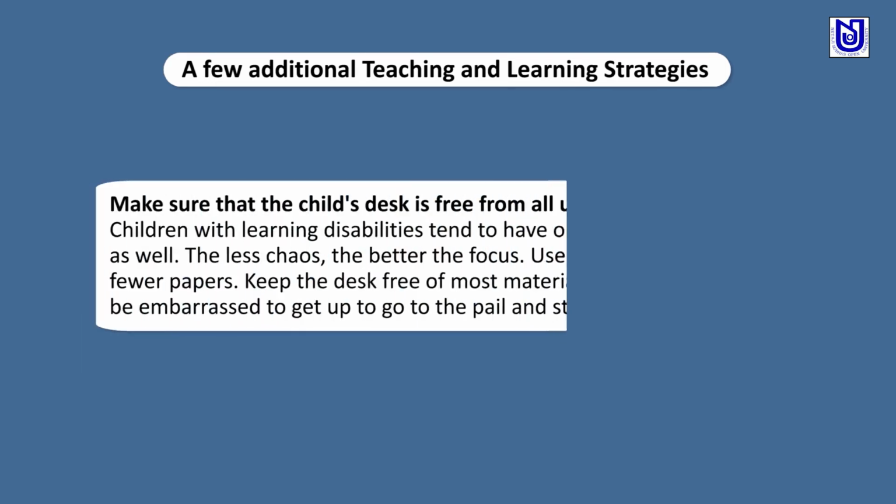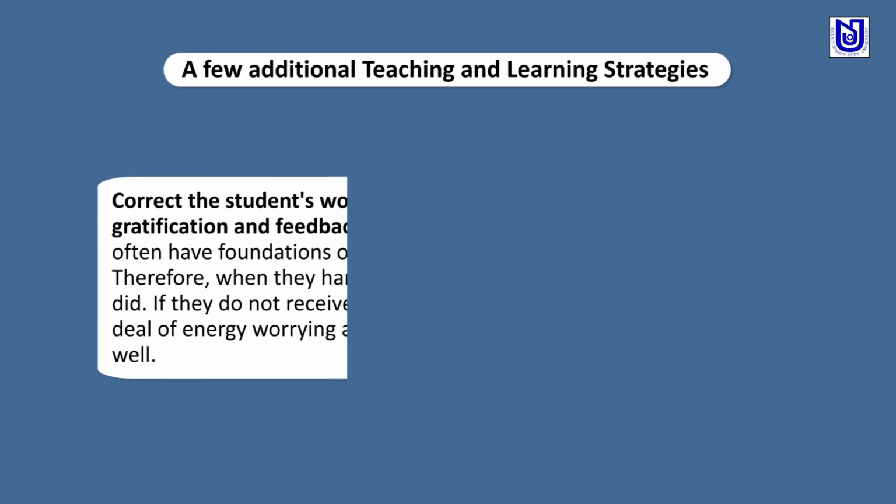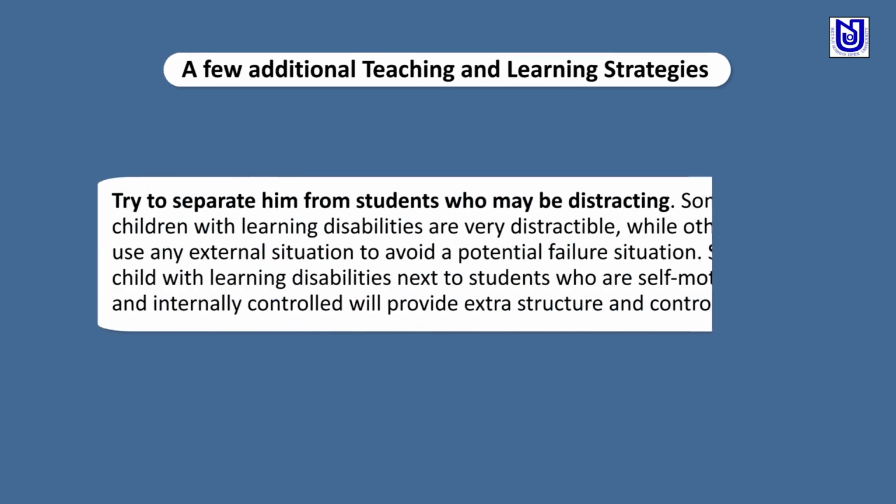Then make sure that the child's desk is free from any unnecessary materials to avoid distraction in the classroom, even in the home environment also. Next is to correct the student's work as soon as possible. Then try to separate him from students who may be distracting.